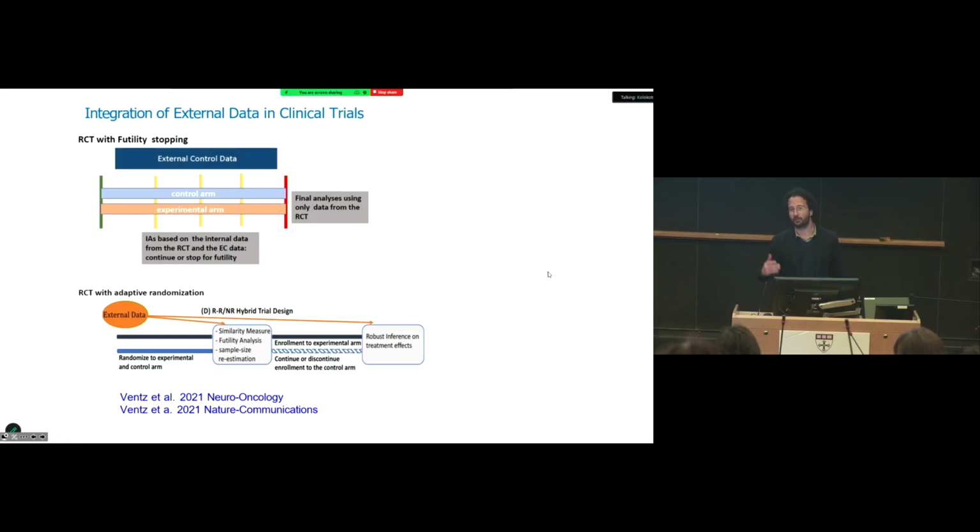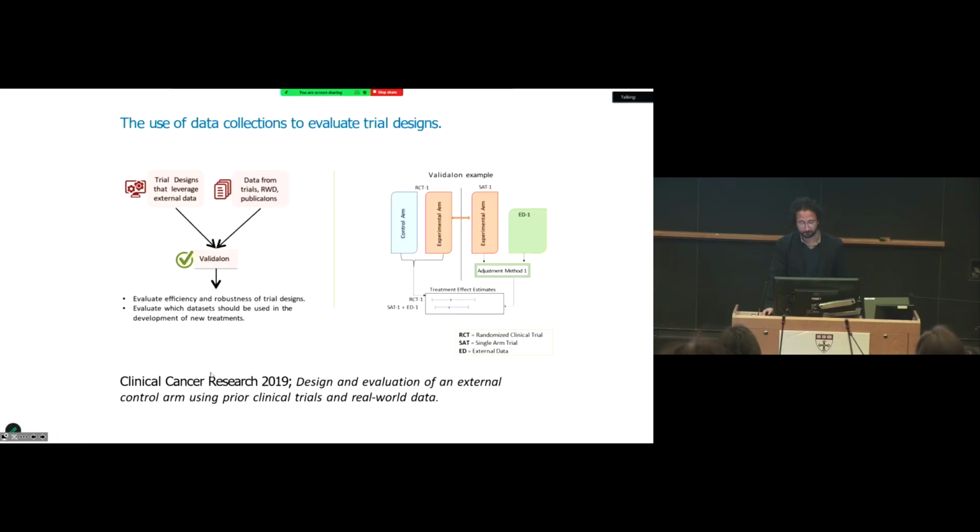We no longer have just one-to-one randomization, but in the late stage of the randomized trial, we can, for example, increase the probability of assigning patients to the experimental treatment, especially if there is evidence of a promising large treatment effect.